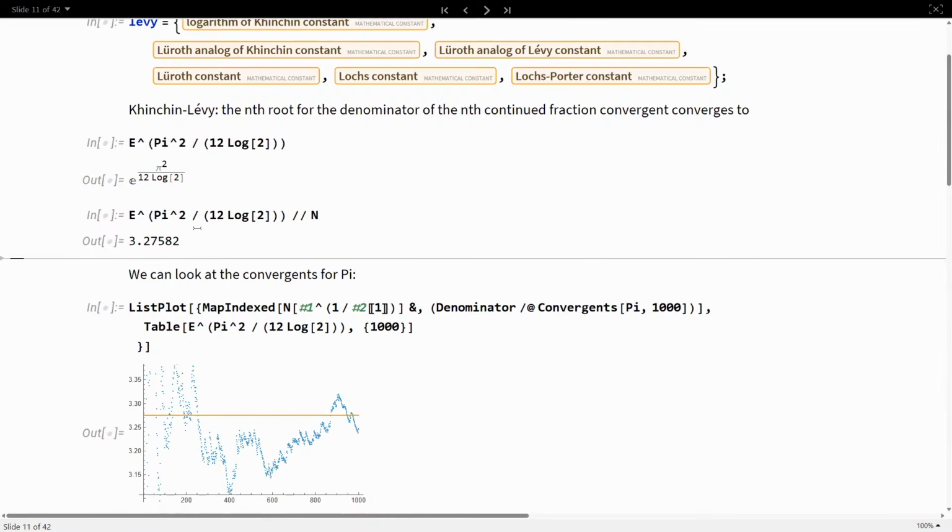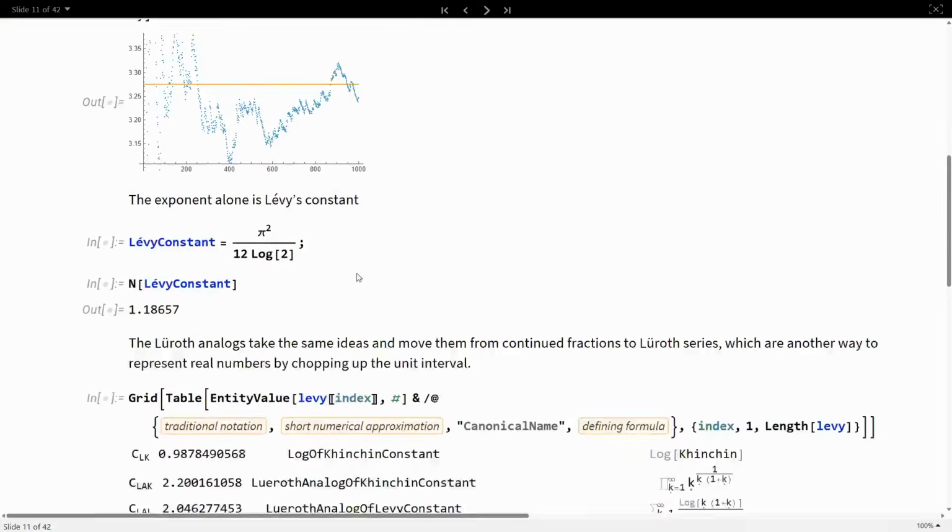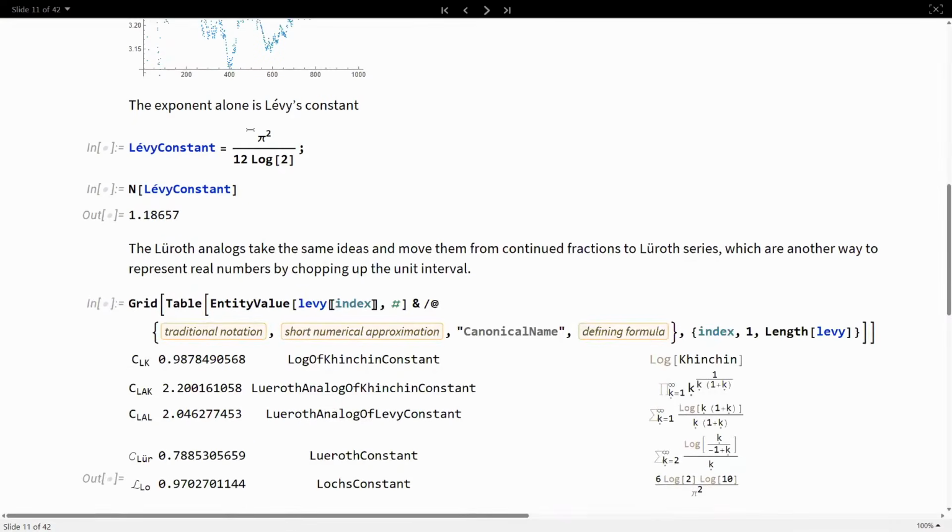The Lévy constant is just the exponent itself. So we can look at these convergence for pi, such as this. Here's the constant here, and as we look at the convergence as we use more and more of them, the denominator, you can see that it's starting to hover around the constant. The exponent alone is the Lévy constant.